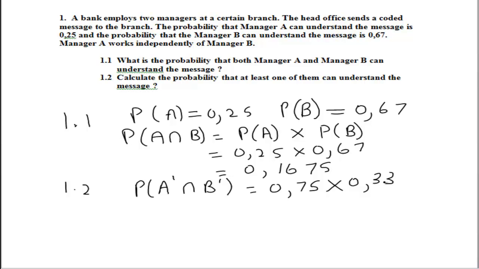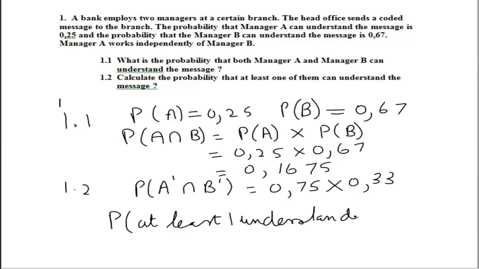And you multiply that out, and then you want to find the probability that at least one will understand the message. At least one understands the message is equal to 1 minus 0.75 times 0.33, and that would give you the answer 0.7525.